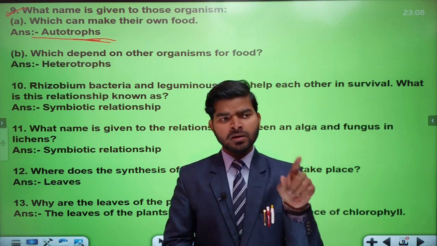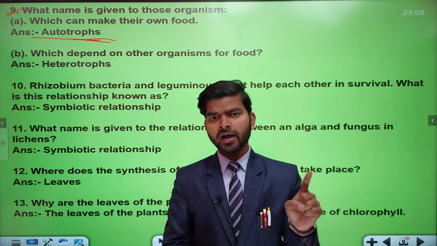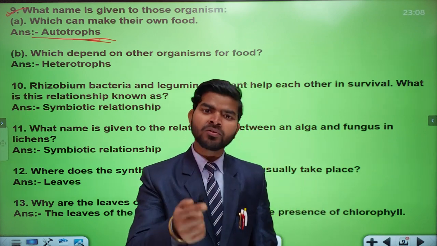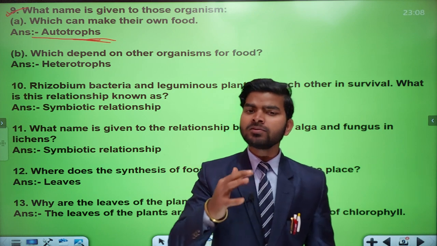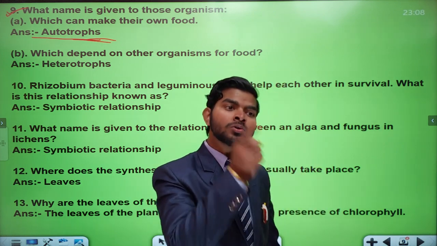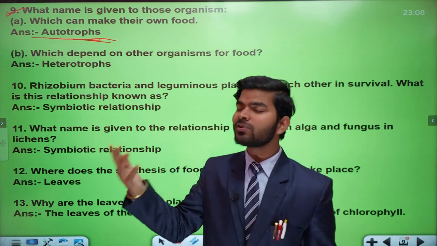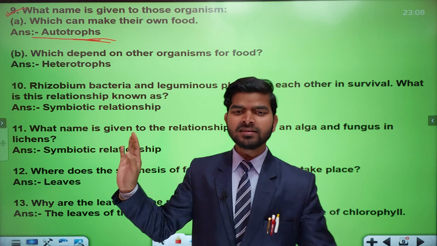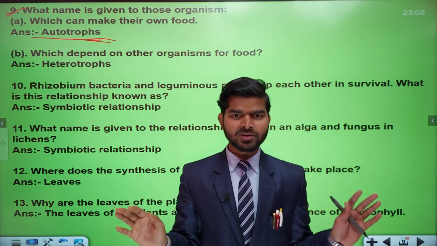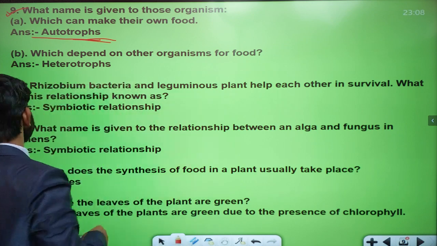Those organisms who prepare their own food are autotrophs. Those who take nutrition through autotrophic nutrition are called autotrophs. That's why I have written that the answer is autotrophs.